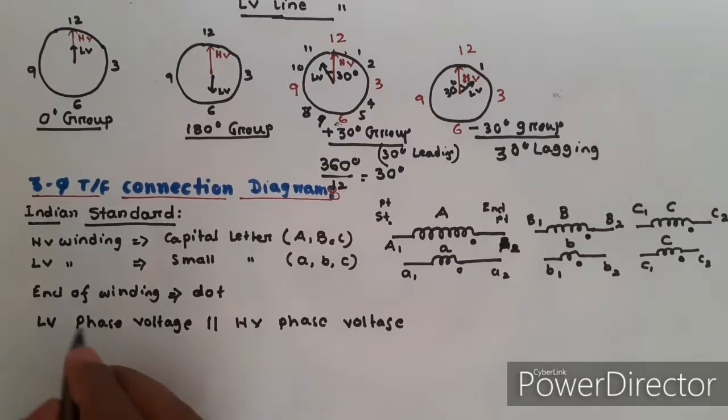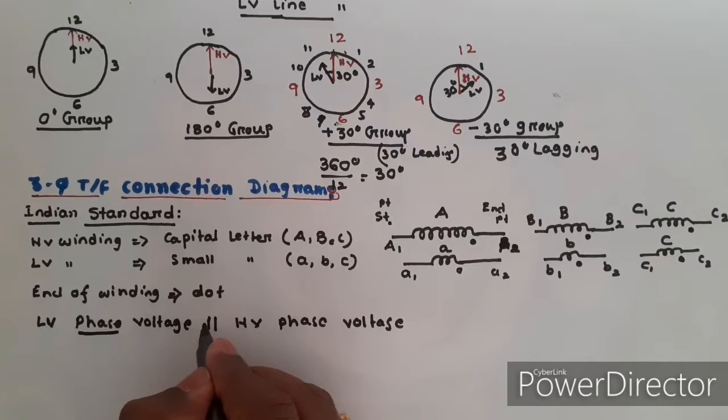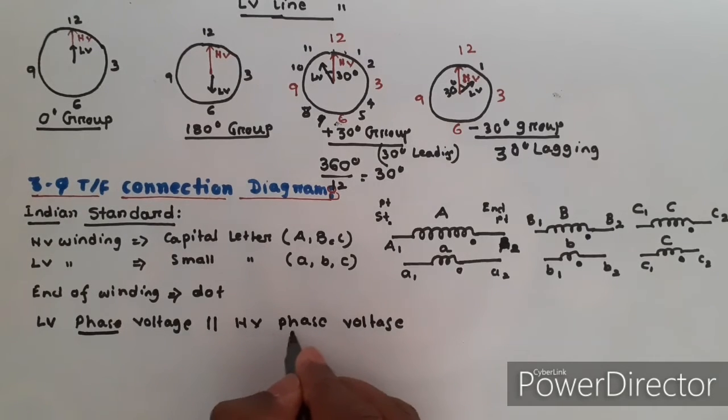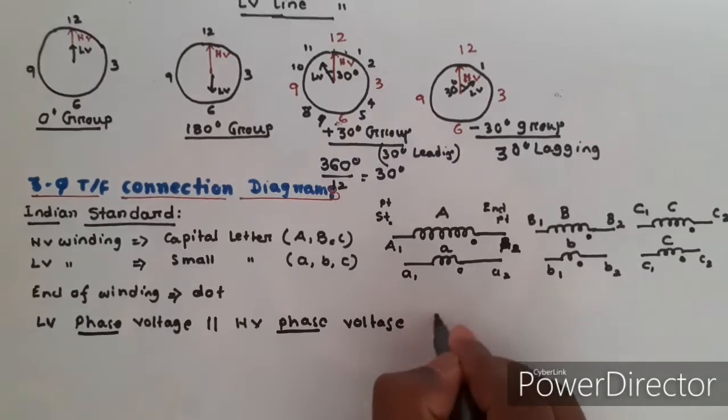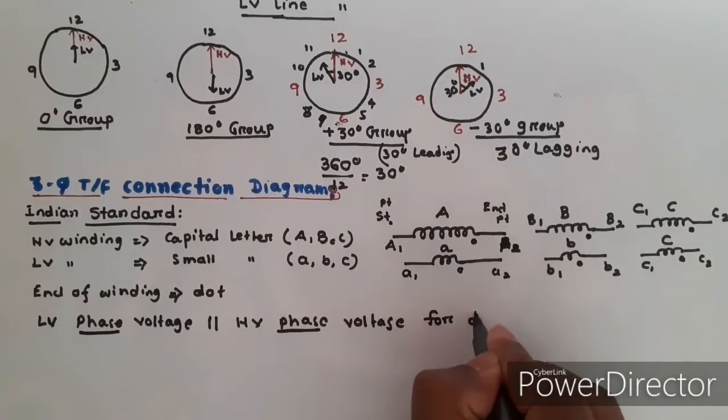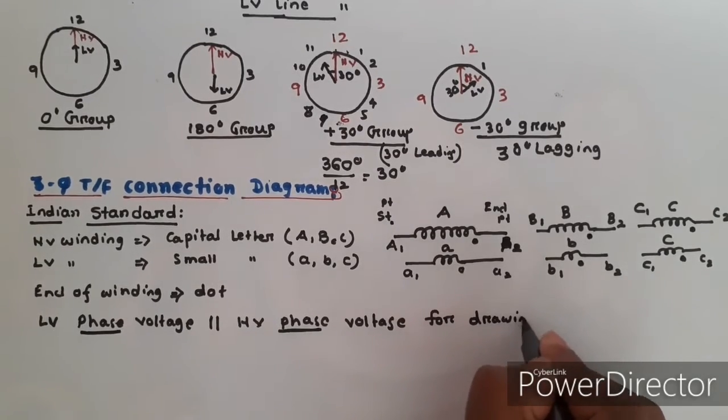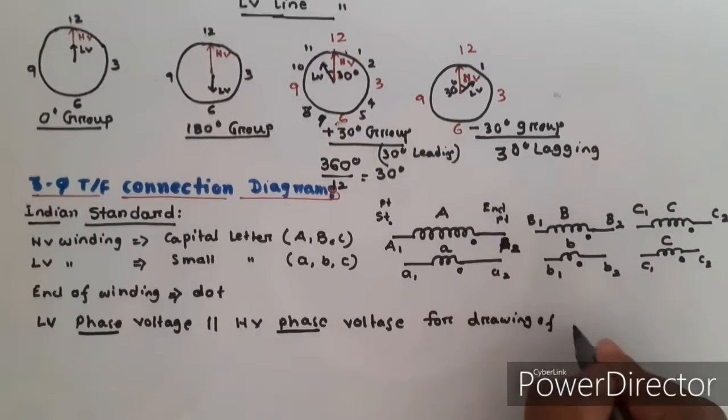Point to be noted, HV phase voltage, not the line voltage, will be parallel to LV phase voltage, not the line voltage, for drawing of phasor diagram.